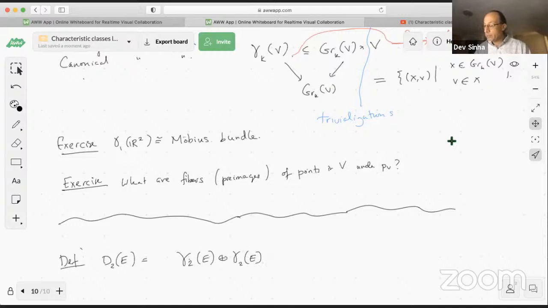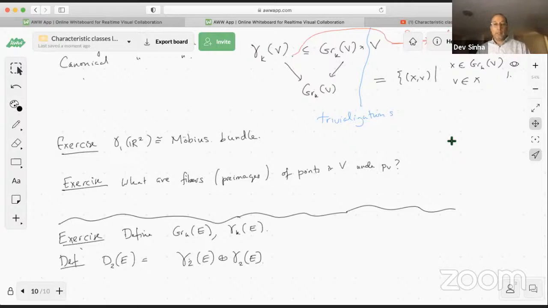So one more exercise. Define both Gr_k E. Well, you can do it all, but the ones we need are especially gamma_k E.